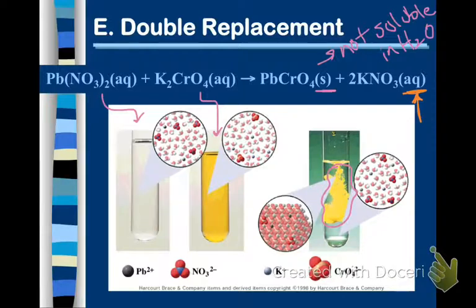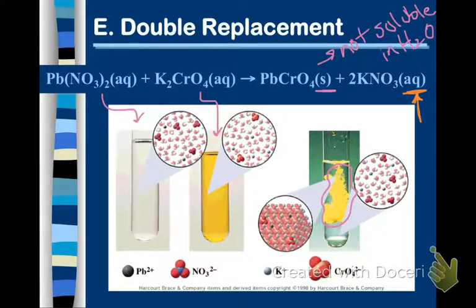Look at rule number 1. It says potassium compounds are soluble in water. Look at rule 2. Nitrates are soluble. So it wouldn't have mattered if we looked at rule 1 or rule 2, that compound was going to be in aqueous state. It is dissolved in solution.